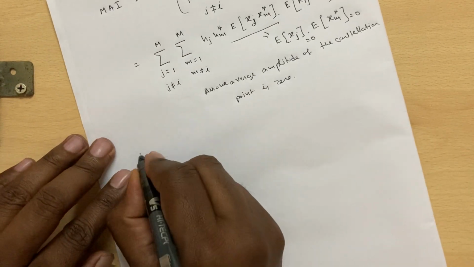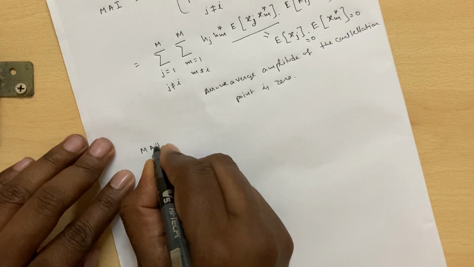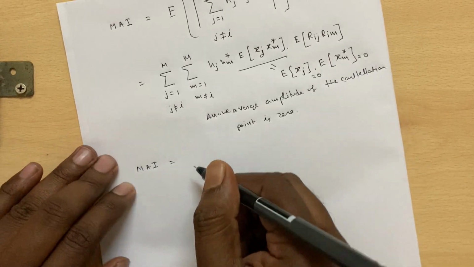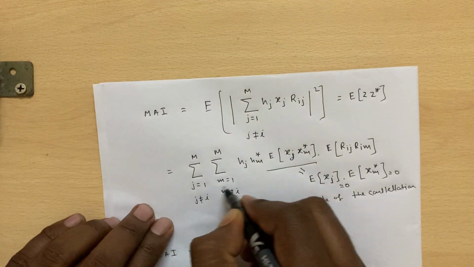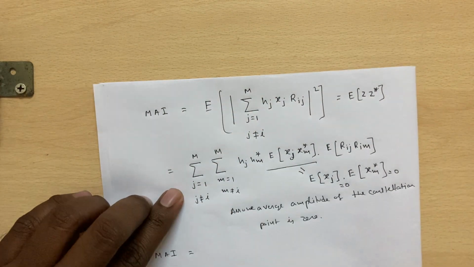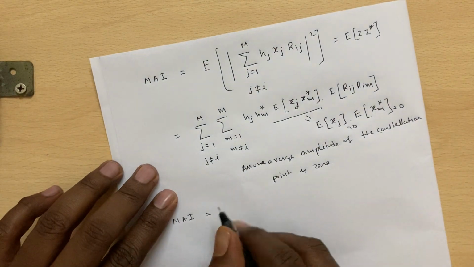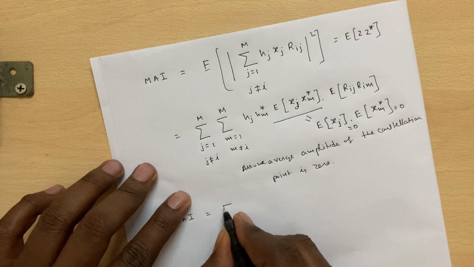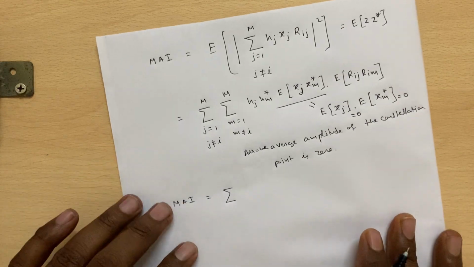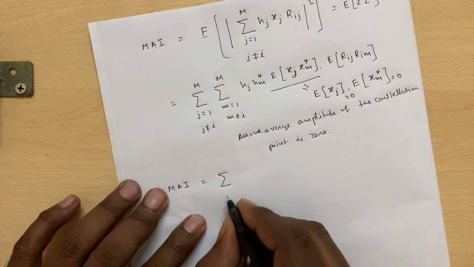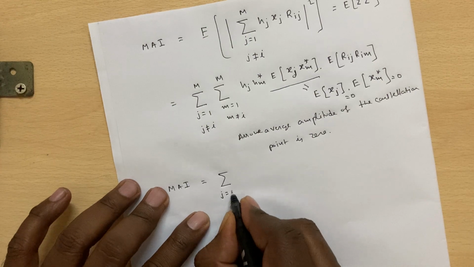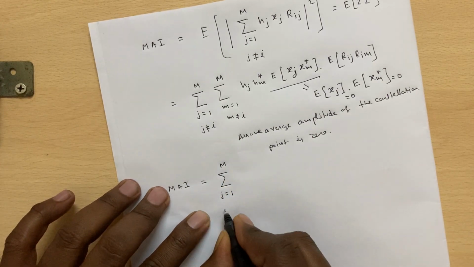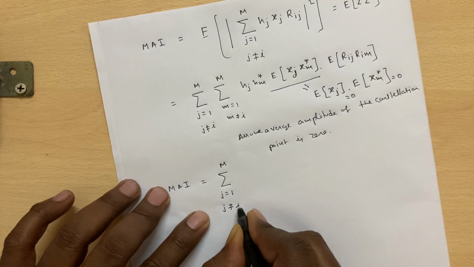So the MAI, the multi-access interference, will be 0 for all values of j not equal to m, and it will have some value only when j is equal to m. When j equals m, it reduces to a single summation, j equal to 1 to m, j not equal to i.